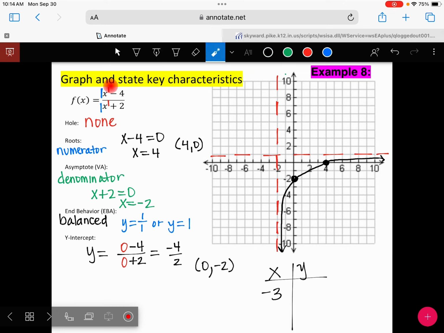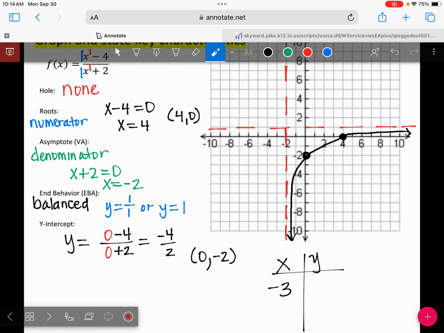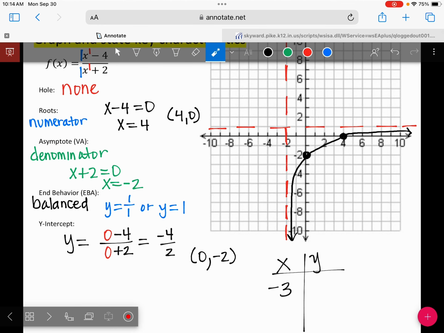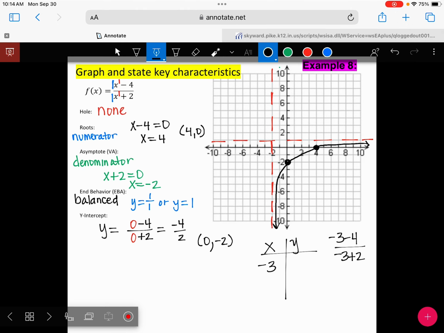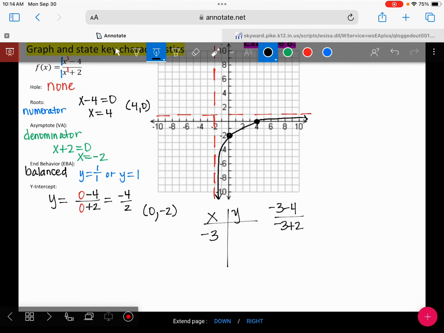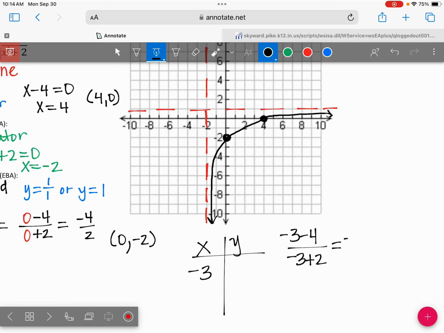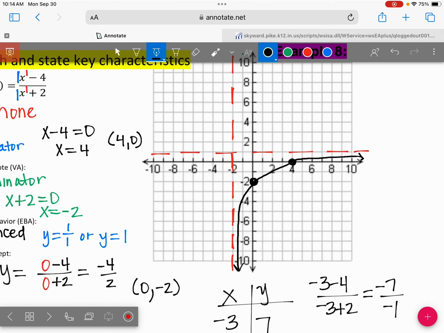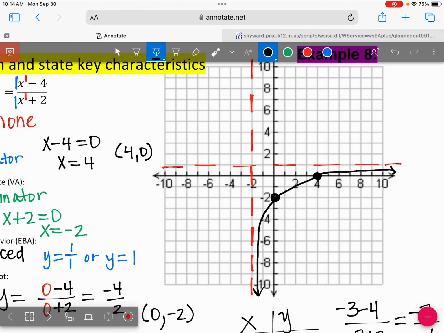That would be -3 minus 4 over -3 plus 2, which would be -7 divided by -1, which gives me a +7. So at -3, I'm going to go up to 7, put a point right there.